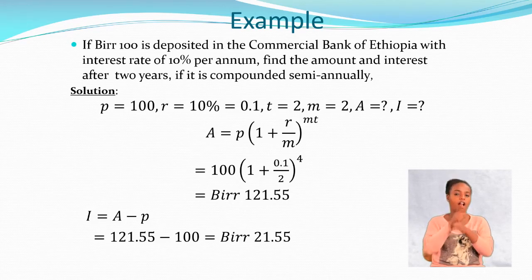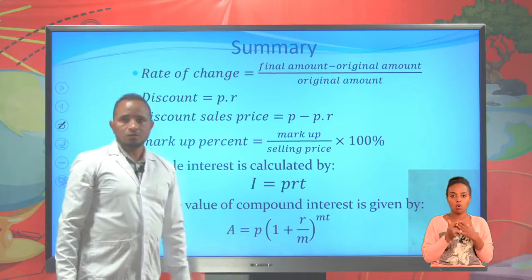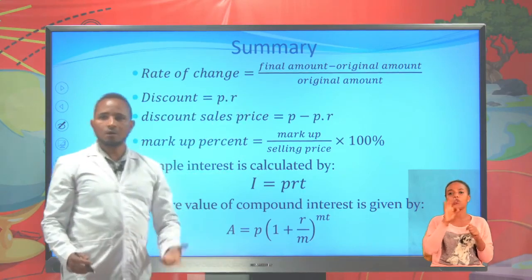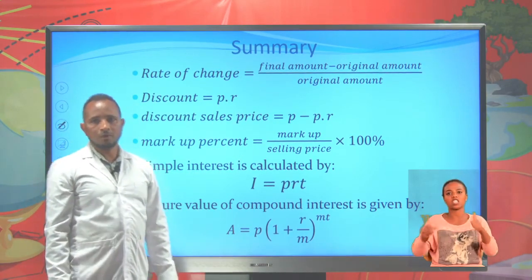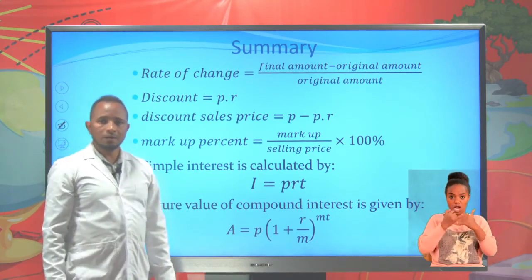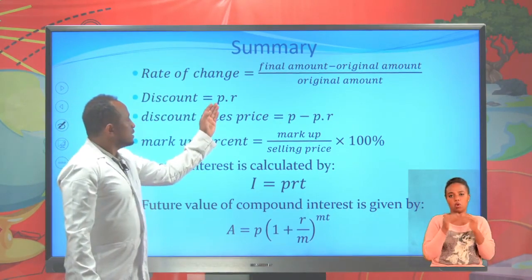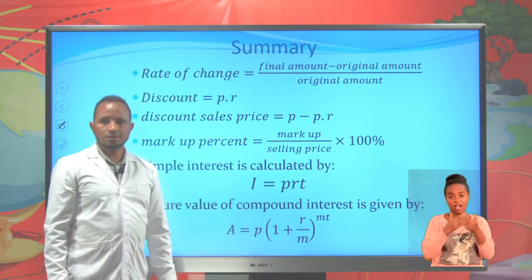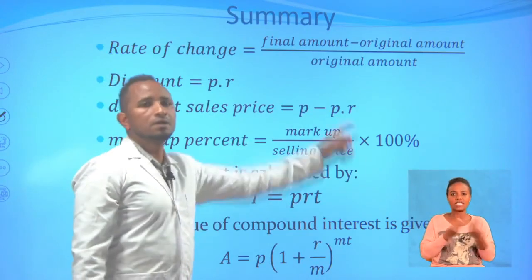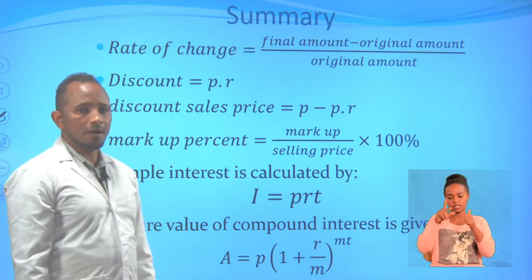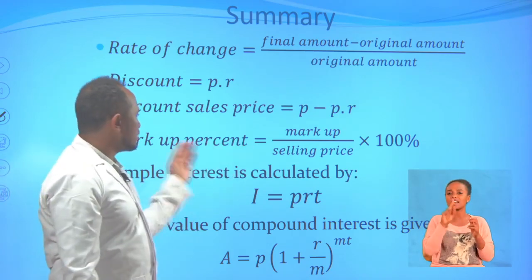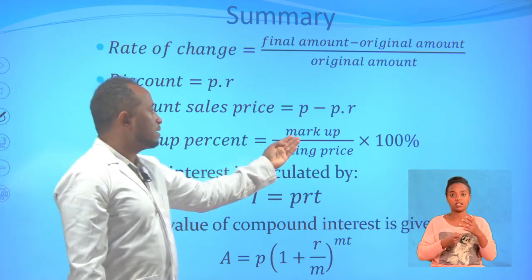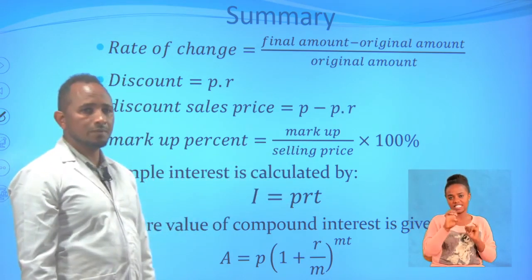This is the interest. So to summarize what we have seen today, rate of change means final amount minus original amount divided by original amount, and discount is given by the product of P times R, original price times discount rate, and discount sale price will be the original price minus the discount amount, that is P times R. And markup percent, to calculate markup percent based on selling price, is given by markup over selling price times 100%.